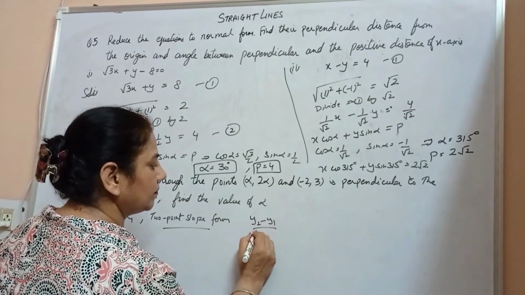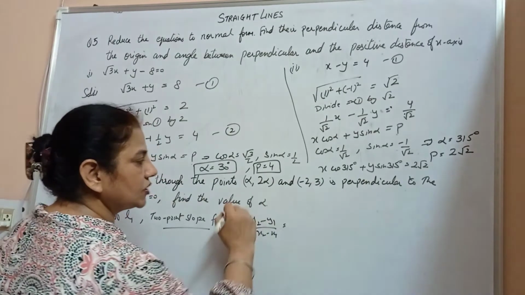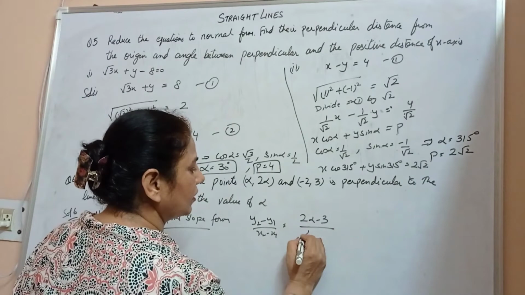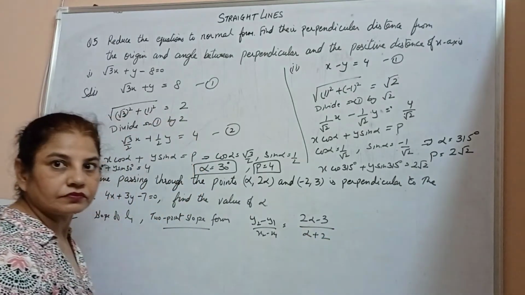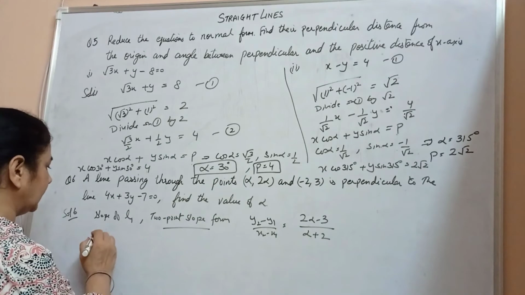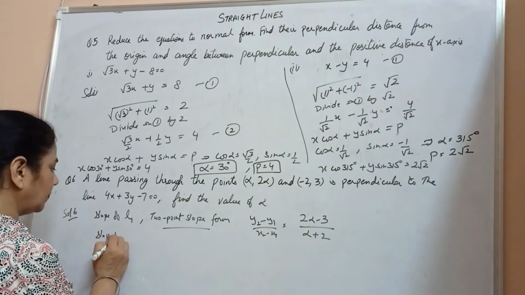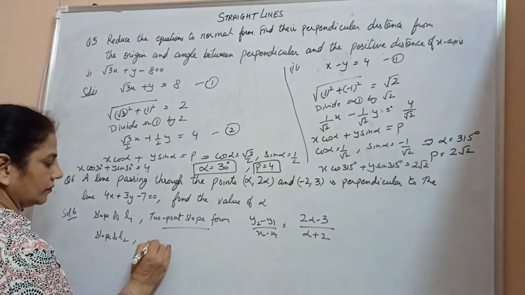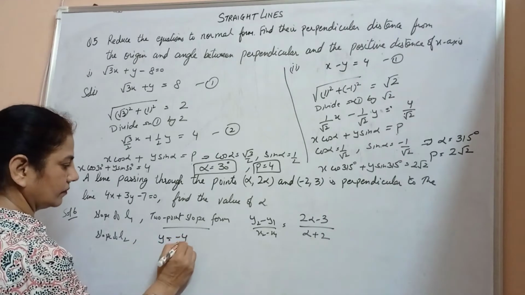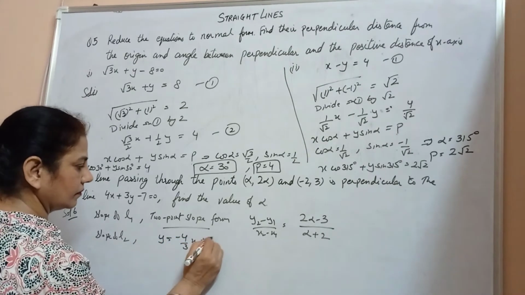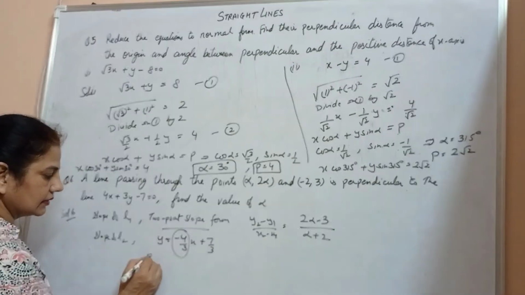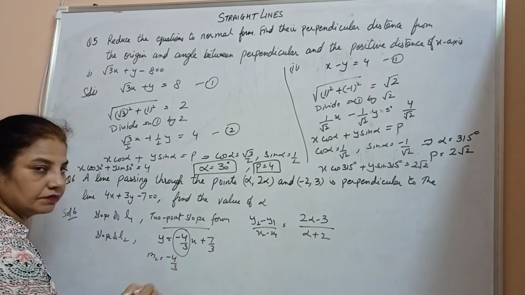Substitute the values, we get 2 alpha minus 3 upon alpha plus 2. And the slope of line L2 is given as minus 4 by 3.